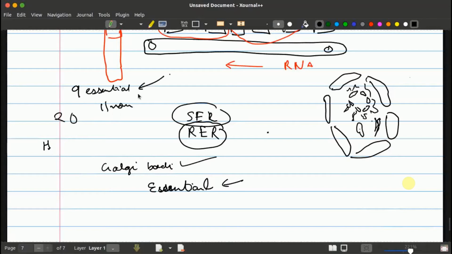Basically, 9 are not produced by us; they have to be obtained from outside sources, and the rest 11 are made by us, so they don't have to be obtained from outside sources. So there are essential and non-essential amino acids, which are sort of outside our discussion.